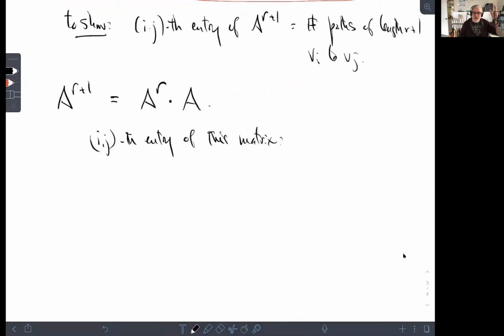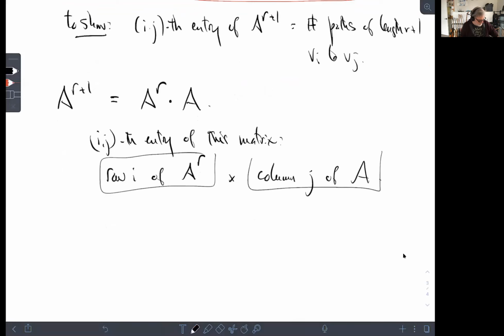It's row i times column j. So it's row i of A to the r times column j of A. And what is that?